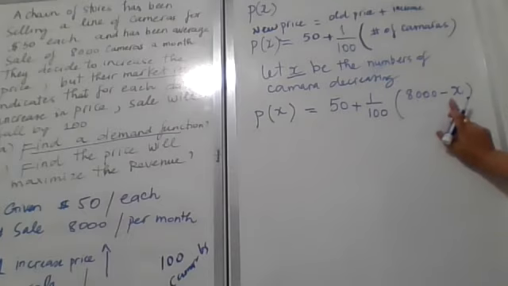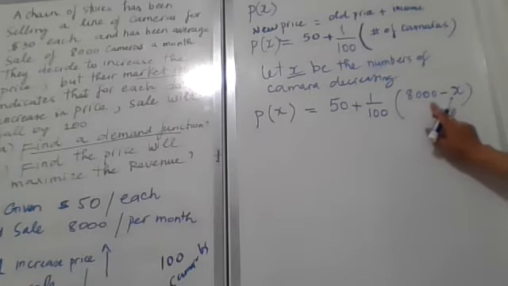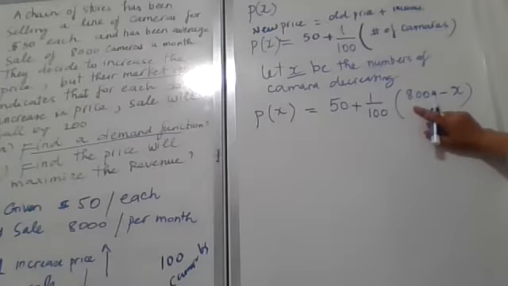So if X, the number of cameras decreasing, is 1,000, then the number of cameras here will be 7,000 instead of 8,000. Or maybe X will be 2,000, then the number of cameras here will be 6,000.